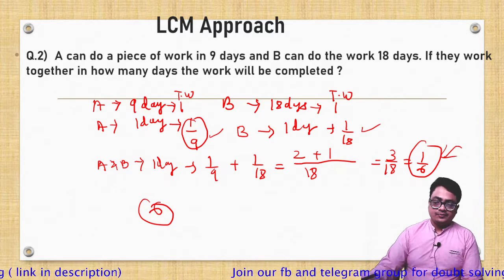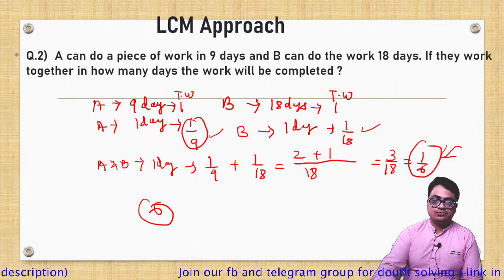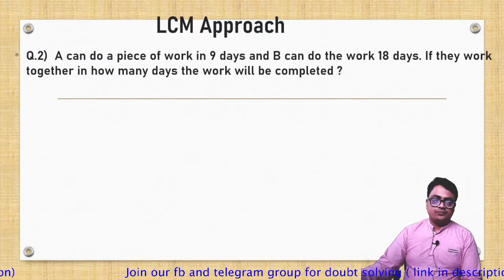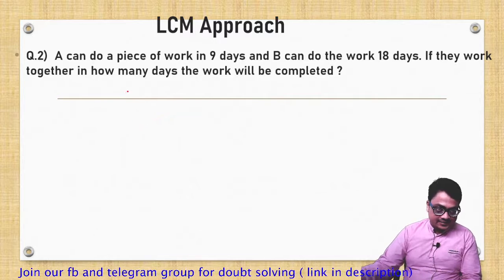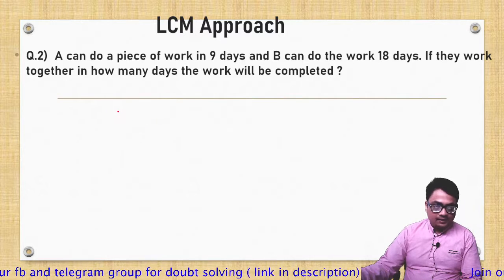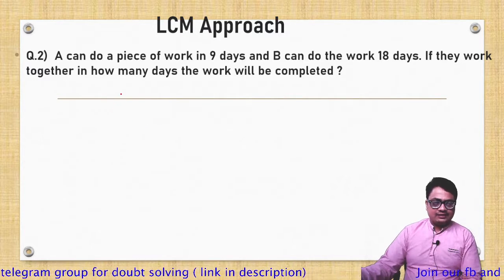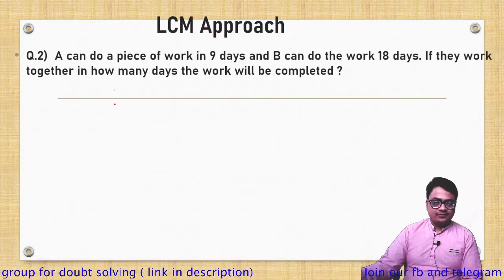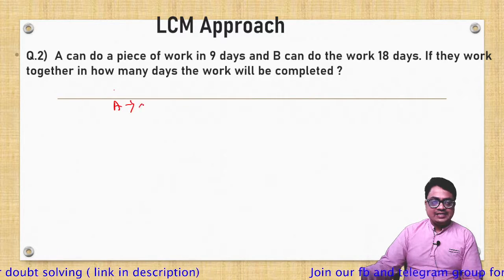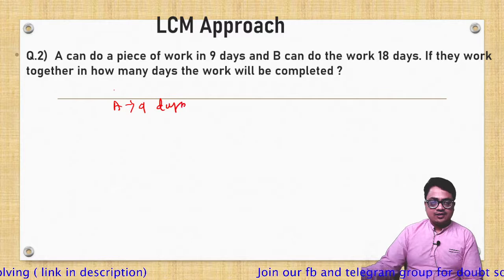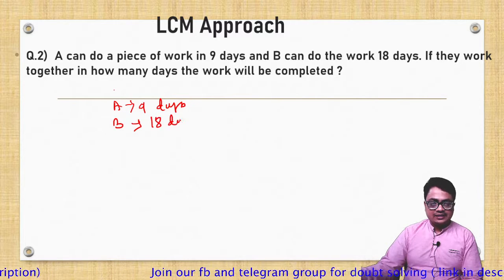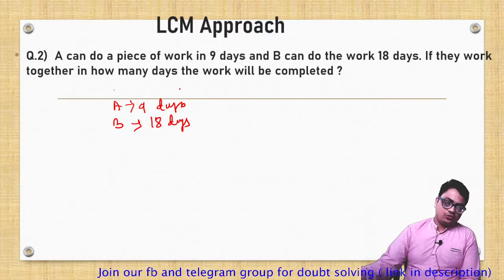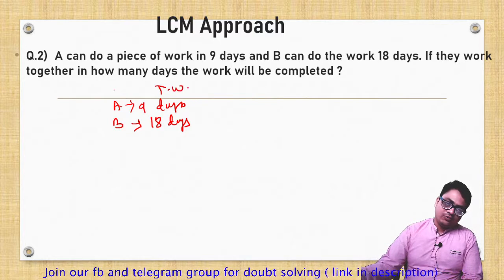Let us go to the second approach. The LCM approach we will be doing now. A is doing the work in 9 days, B is doing the work in 18 days. So here the total work will be how much?